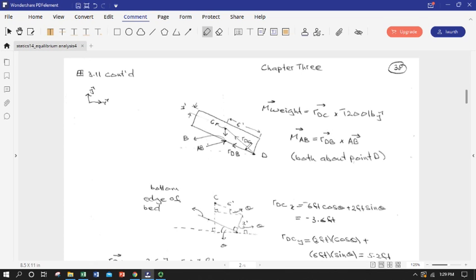So really now all I need to know is something about the x and y components of this point R. Okay, the angles are a little tough, but all I need to know is this length and that length in order to get the x and y components of R. And of course it's going to have a negative x component and a positive y component, R_DC.